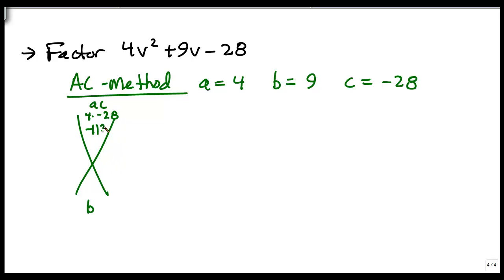So that'd be negative 112, and then the b value is 9. So I'm looking for two numbers multiplied together that give me a negative 112. And I'm just going to start with the positives. I don't want to worry about the negatives quite yet. So it'd be 112 times 1.